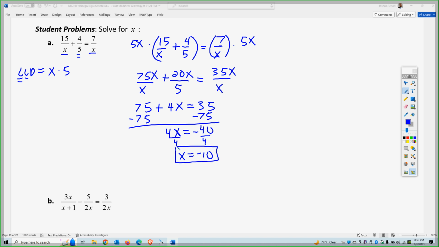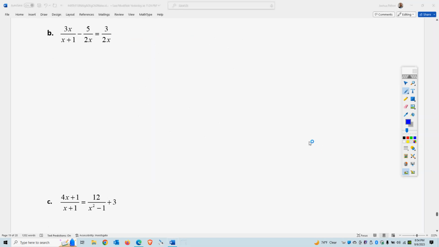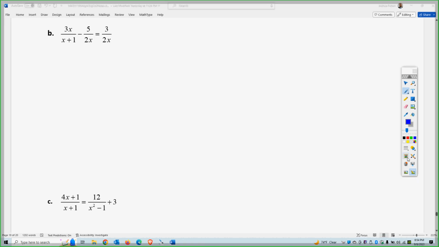Okay, so next one is a mixed bag of binomial and monomial. So, lowest common denominator. What they have in common is a 2 and an x.